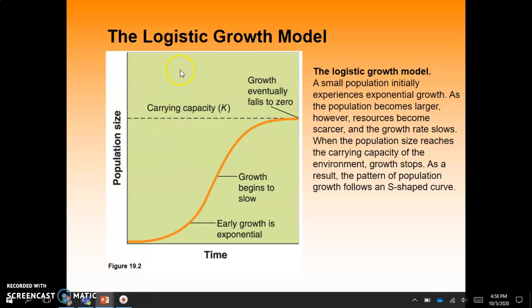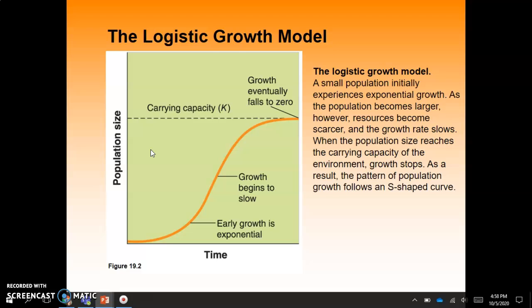So it will go up and then it will fall back down, and most oftentimes it will come back way below the carrying capacity, and then the population will have to recover and make its way back up to the carrying capacity before it stabilizes.